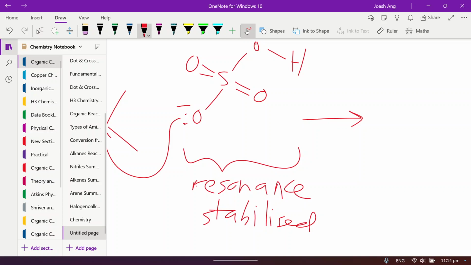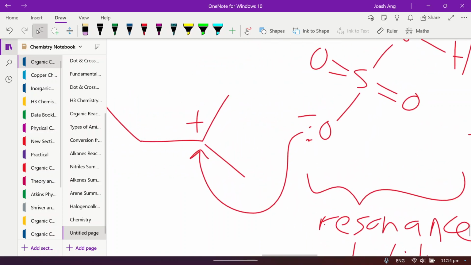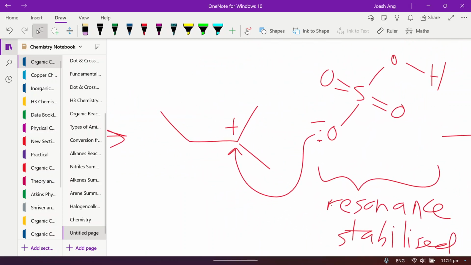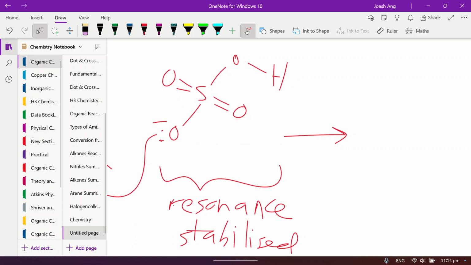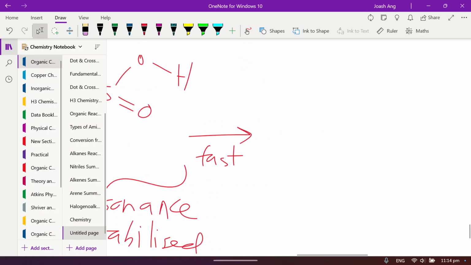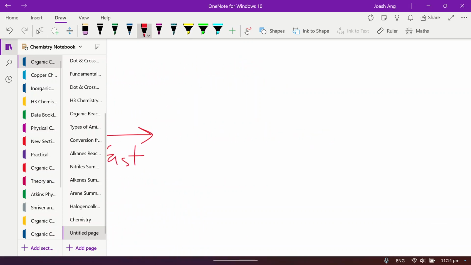And you use this to attack because the negatively charged and the positively charged species have a strong electrostatic force of attraction, and that is why they preferably want to attack each other. So this will help to form this product.